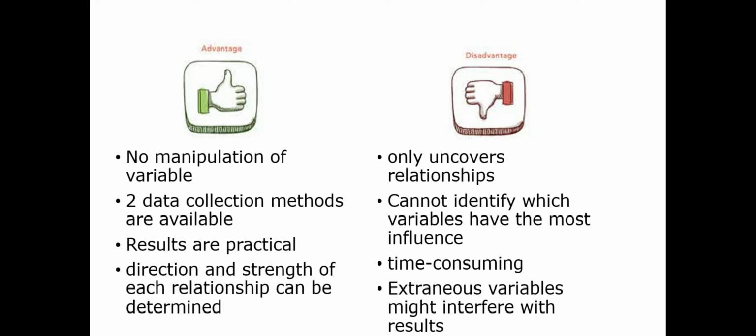It won't determine what variables have the most influence. A correlational research study can help to determine the connections that variables share with a specific phenomenon. What this work cannot produce is information regarding which variable is responsible for influencing the other.